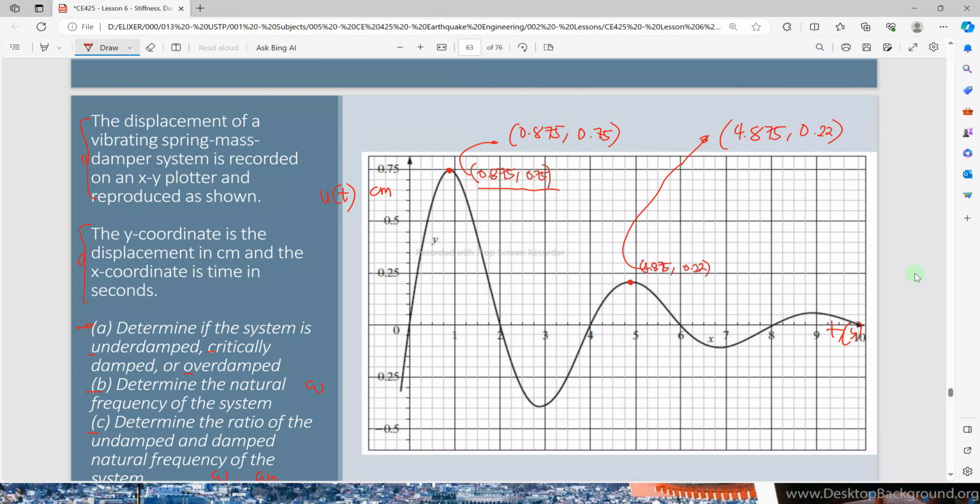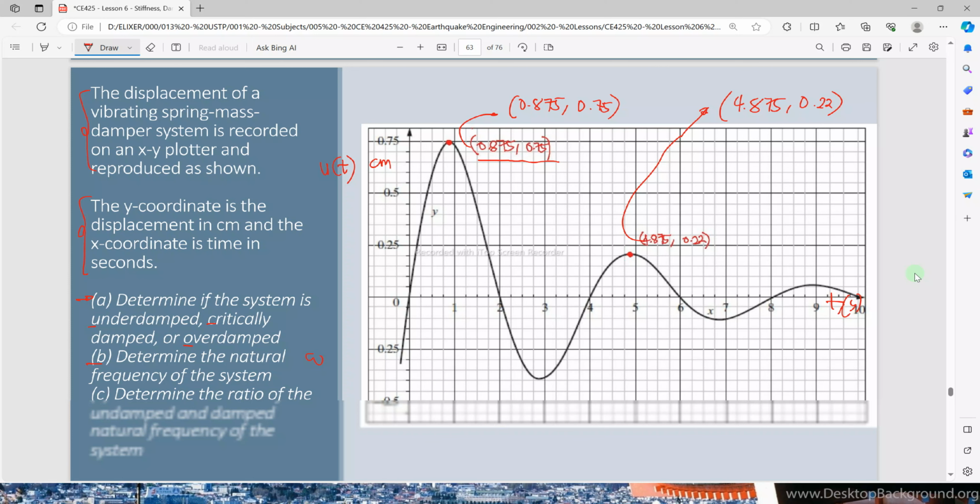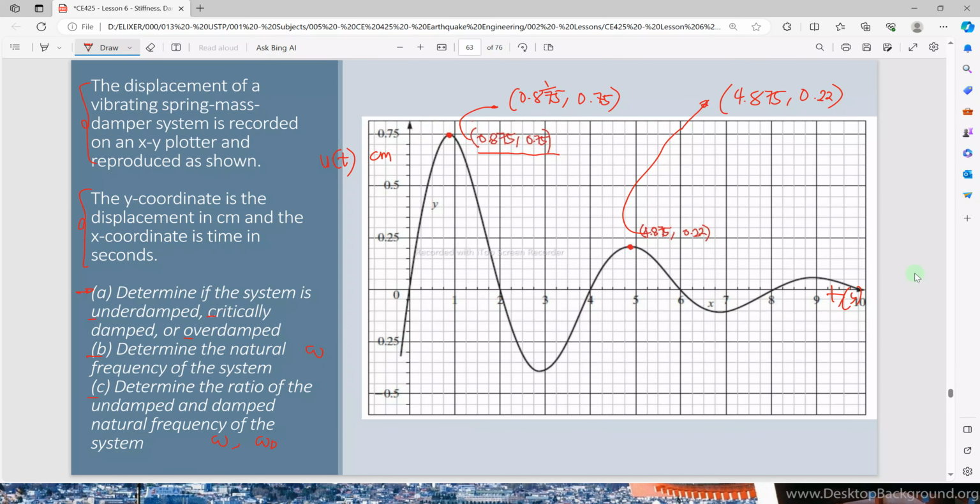Since this is a coordinate system, of course, this is the x coordinate and here we have the y coordinate. So this is the time, and this is the displacement. Let's proceed with our discussion on this one.